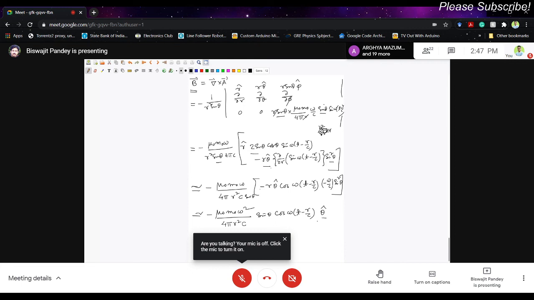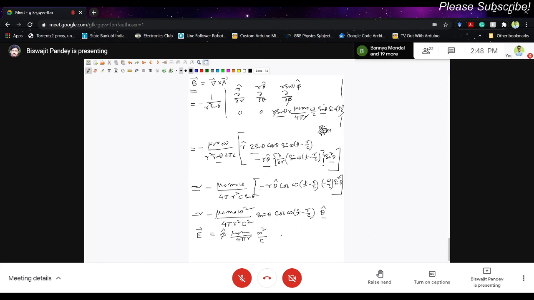And if you compare with the magnitude of the electric field, you may remember the electric field was equal to phi cap mu 0 m0 by 4 pi r, which we calculated a few minutes back, omega square, and here there will be a c square, sorry, because this is omega by c, this is omega by c, so omega square by c square.